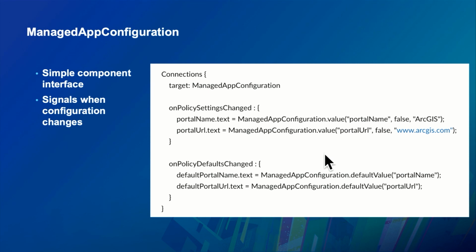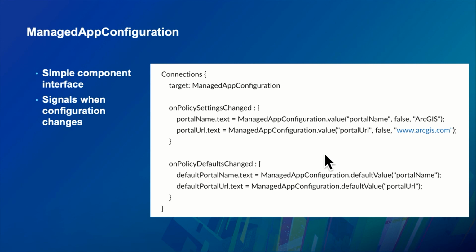So from your app code, you can get a live signal when that configuration changes. So the moment that the system administrator has pushed a new configuration setting, you get a signal in your app, if it's running, that a parameter has changed in that device's configuration, and your app can react to it. And that comes down to basically watching two signals in this thing: the on settings changed and on policy defaults changed.